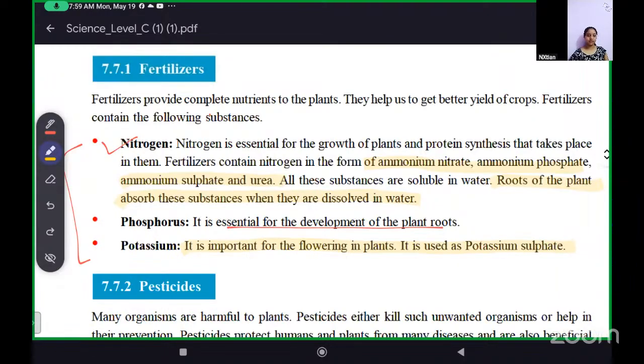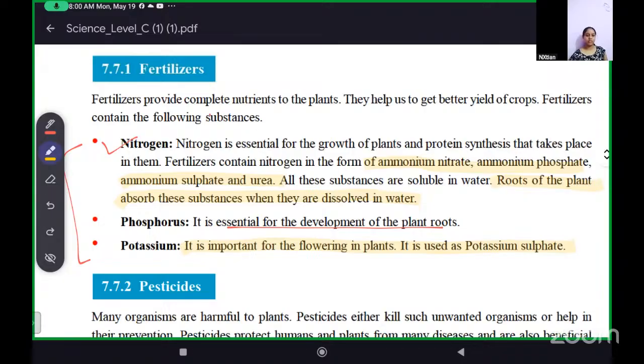Ma'am, I think potassium and also phosphorus are very reactive to water. They are reactive, Abraham, but they are not used in their original form. They are really diluted, mixed with other substances.